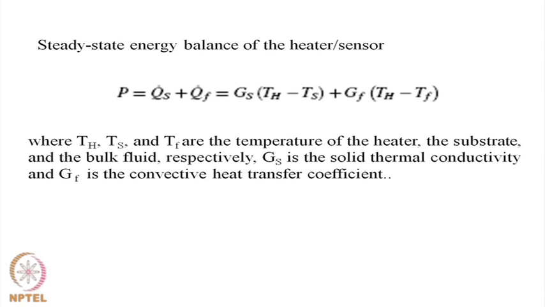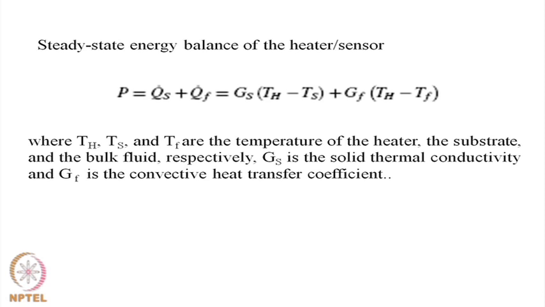Now, you see that the total power lost by the heater is a function of Q convection and a function of Q conduction, which are the first and the second terms of the equation that I have written, where TH, TS and TF are the temperature of the heater, the substrate and the bulk fluid. So, TH minus TS provides the driving force for conductive heat transfer in the solid, whereas TH minus TF provides the gradient necessary for convective flow.